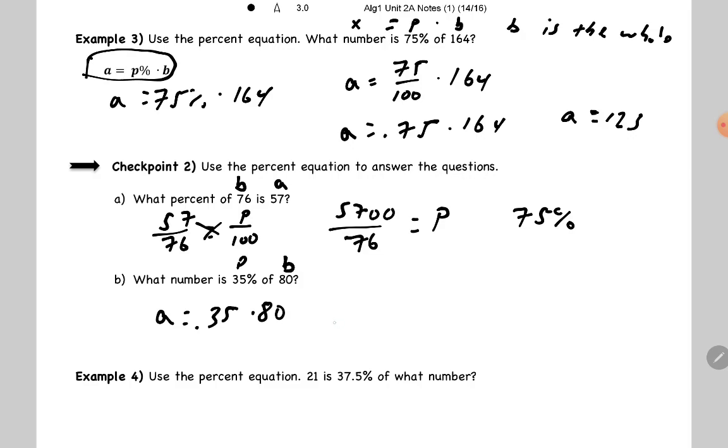So 35% of 80 is, put out your calculator, and you'll get A equals 28.